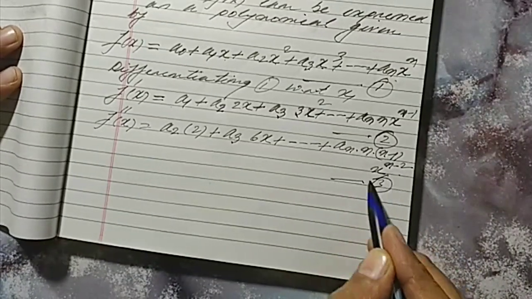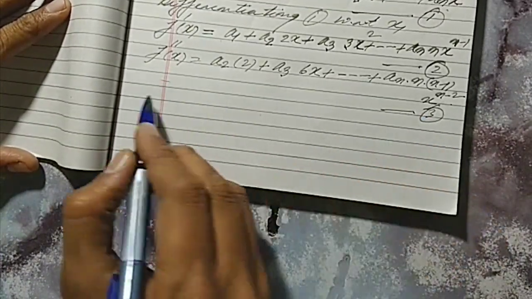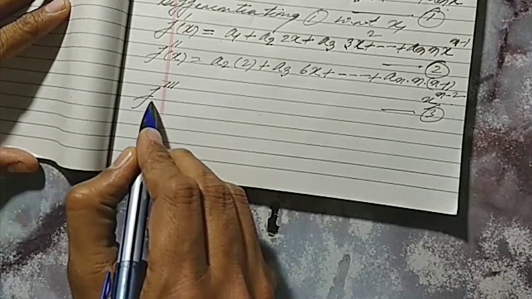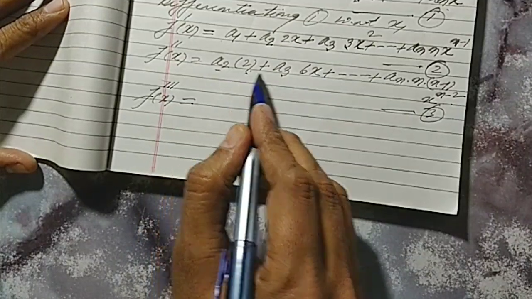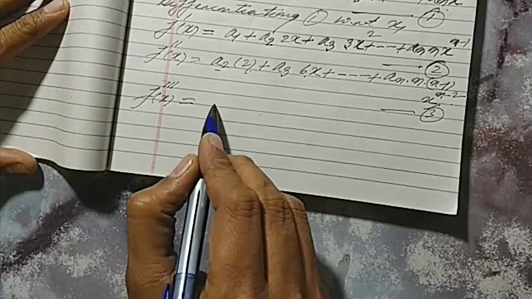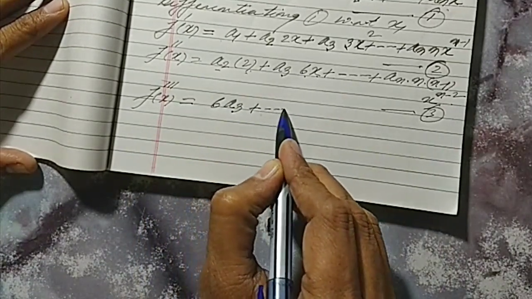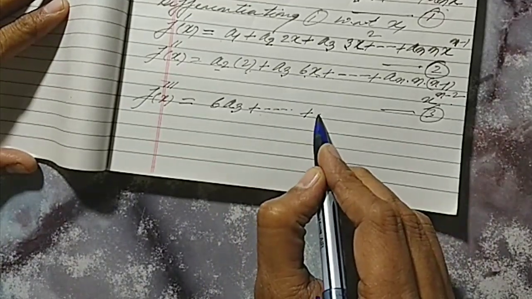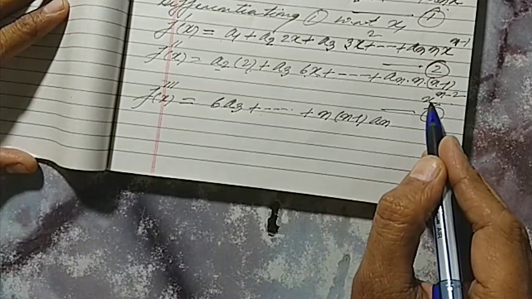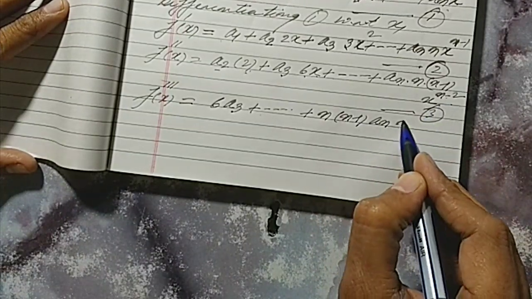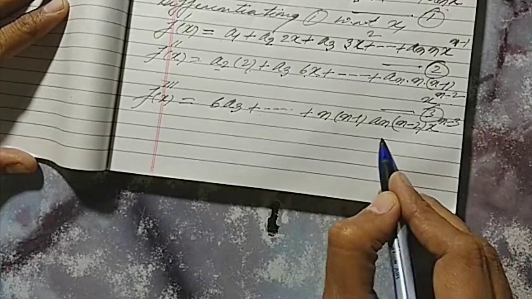Let it be equation number 3. Proceeding in this way, differentiating equation number 3 again, we have f'''(x). The first term is a constant term, so its differential is 0, and the next term differential is 6a3, and plus so on to the last term we have (n-1) an as constant coefficient, and the differential of x^(n-2) is (n-2) x^(n-3), and so on.